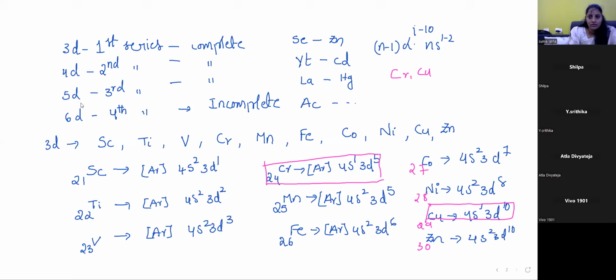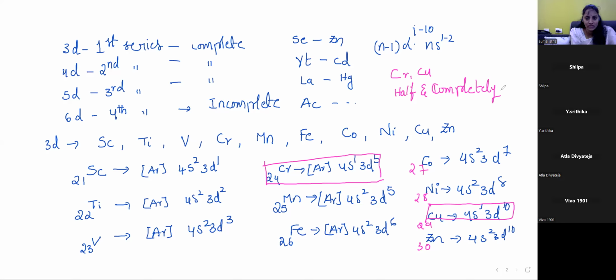The reason is completely filled and half filled. Chromium is a half filled configuration and copper is a completely filled configuration. Both half filled and completely filled configurations give the element more stability.